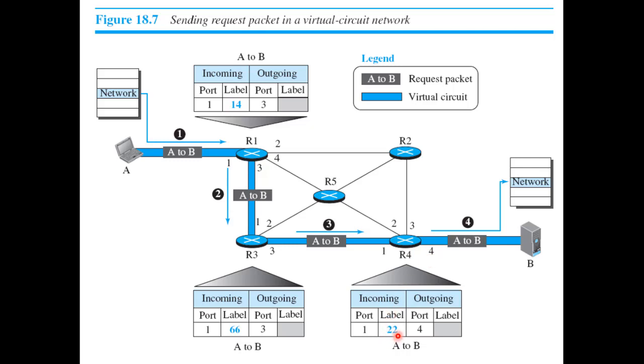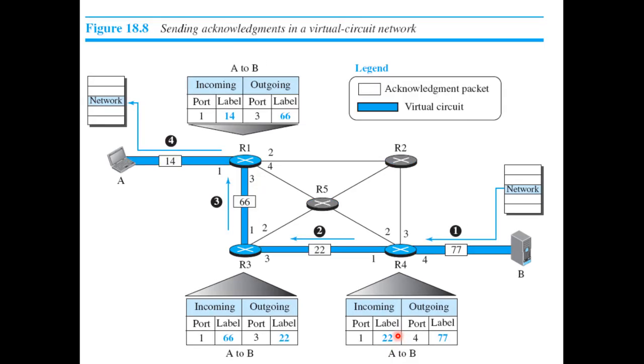Now this packet is received at destination B, and in order to accept the call, B sends a reply packet. In that reply, it says that if A wants to establish a connection with me, then all the packets coming on that virtual circuit number should use a virtual circuit identifier which is 77.